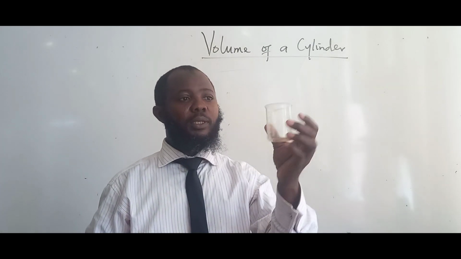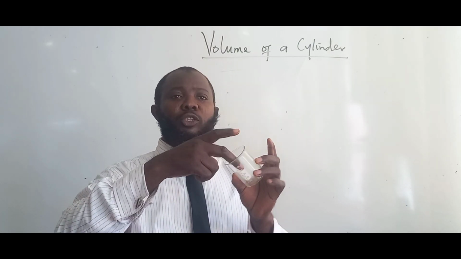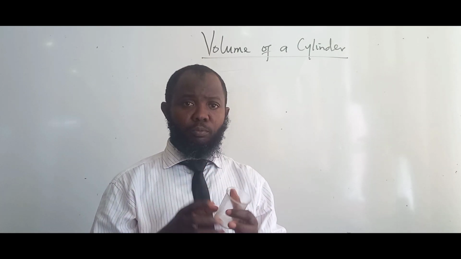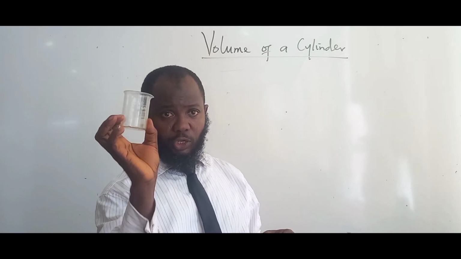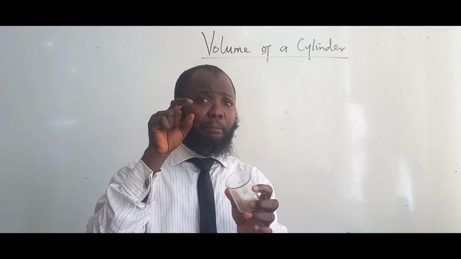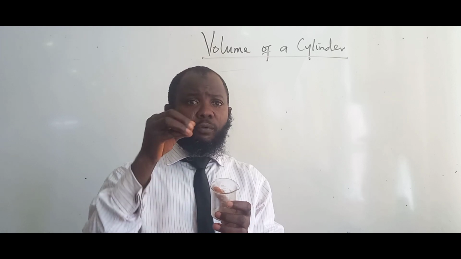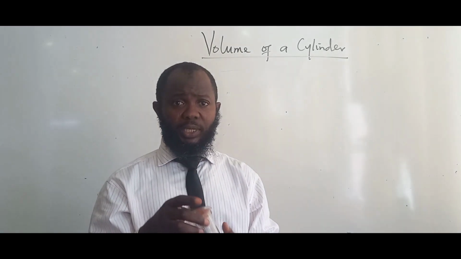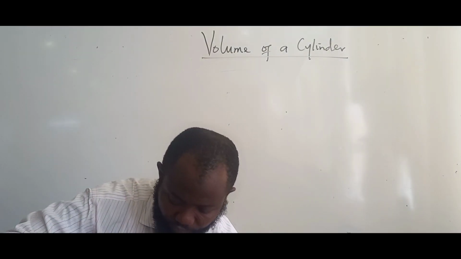Take a look at this cylinder. The amount of space it occupies is the volume of this solid. While the capacity is the total amount of liquid we can put into this container. Look at this.